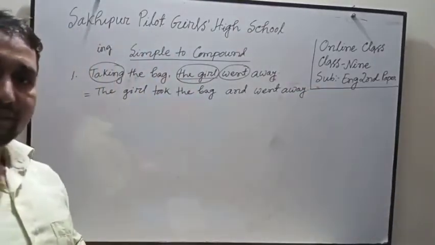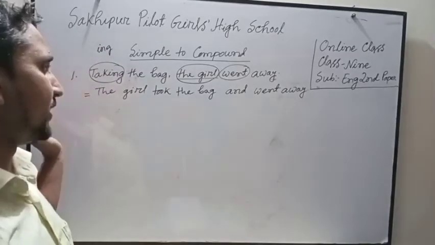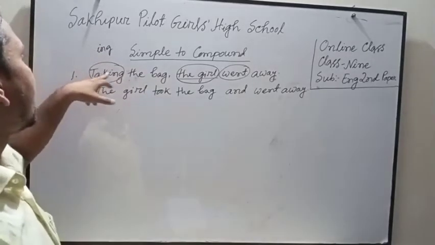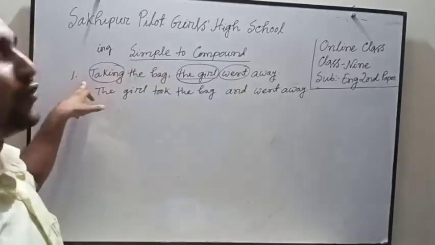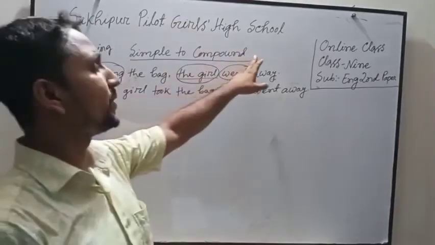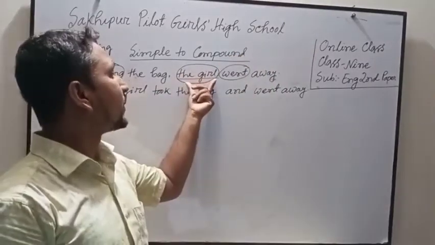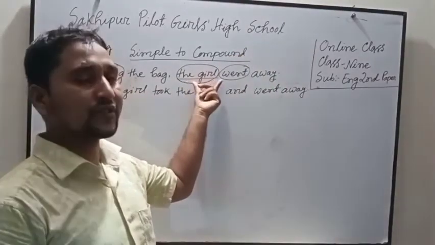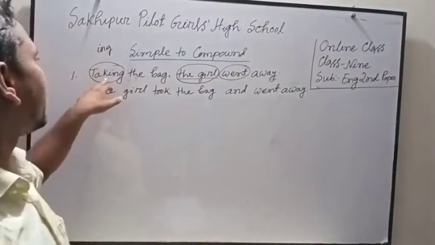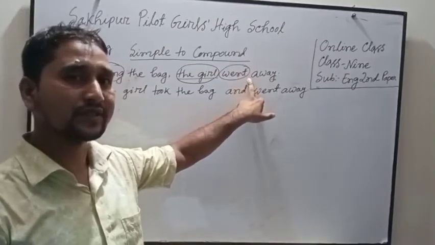Are you clear now? Okay, dear students, listen to me carefully to what I am saying. If the simple sentence begins with a participle and we want to change it into compound, at first we have to write the subject of the second clause, and then the participle will be changed according to the verb of the second clause.